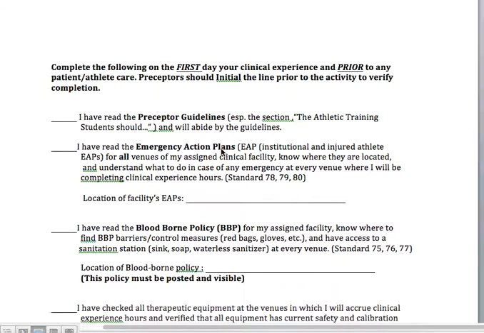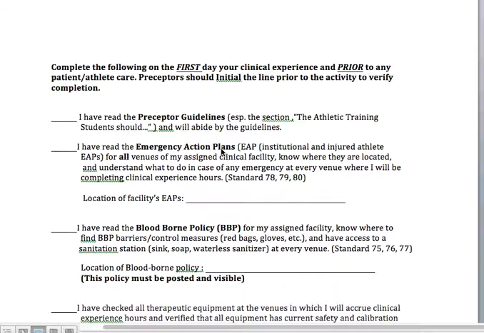So you need to know what to do if you have an injured athlete, what your responsibility is. There is a packet on the bulletin board in the athletic training room that has all the emergency action plans. You also should have access to the policies and procedures manual for athletic training, the electronic copy.